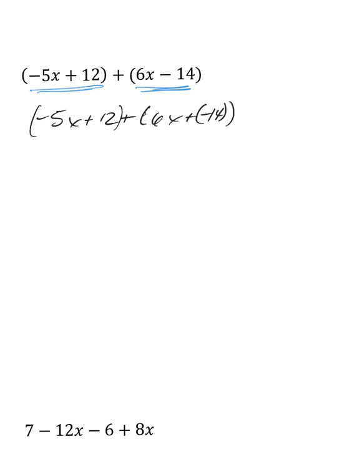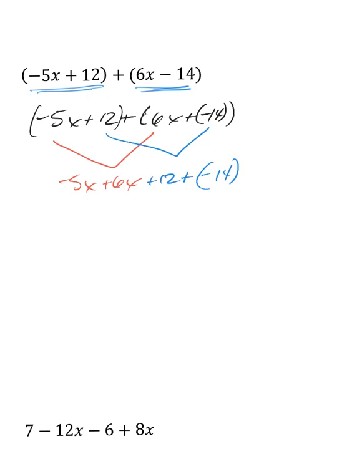Now I can combine like terms. I have negative 5x plus 6x, and I have 12 plus negative 14. Negative 5 plus 6 is positive 1x.